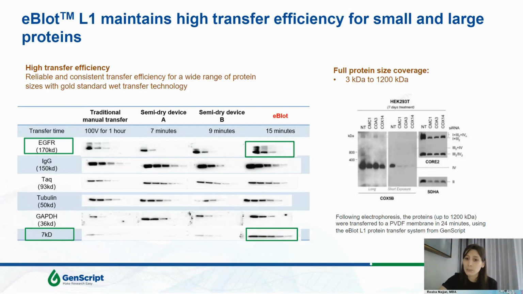In reality, for the manual method, for both the lower end and the higher end, we were able to transfer both sides. You can see that for the semi-dry solutions, the performance was not really feasible for the lower range.